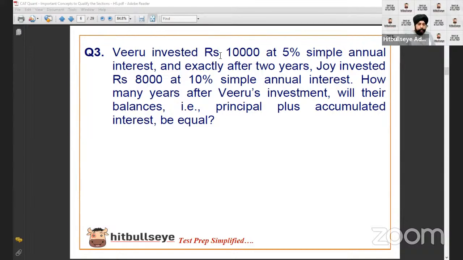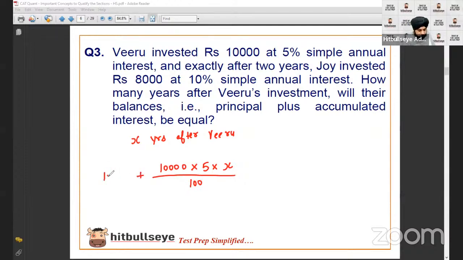See, the question is how many years after Viru's investment their balances are equal. So this happens after X years of Viru's investment. Now, people, if this happens after X years of Viru's investment, this will be the interest on Viru's investment plus Viru's principal.